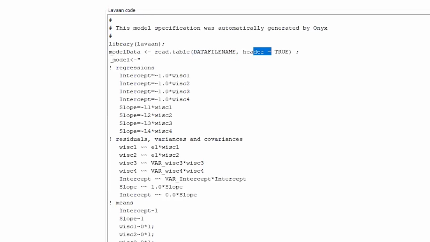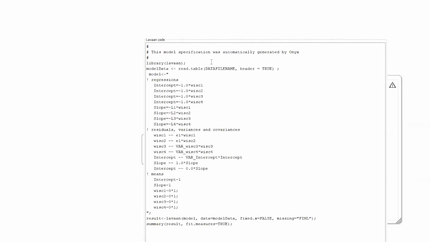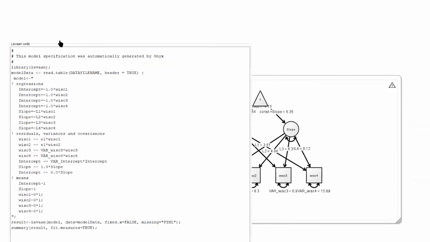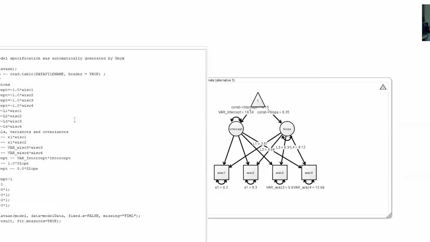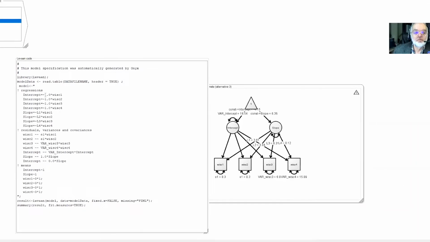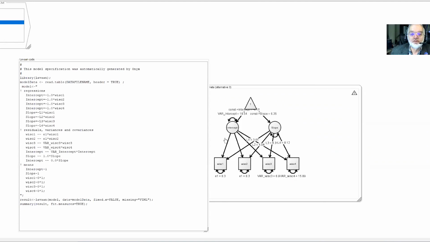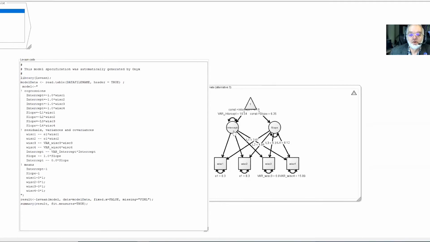And what follows down here from the model statement down to the bottom is the equation form of the diagram I just drew. Intercept is the latent variable. I'm sorry, I named it intercept. That's this circle. And I'm going from this one to WISC1. So that's this arrow, and intercept to WISC2 is this arrow.